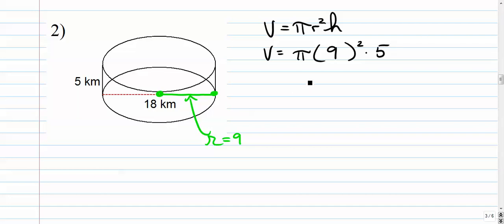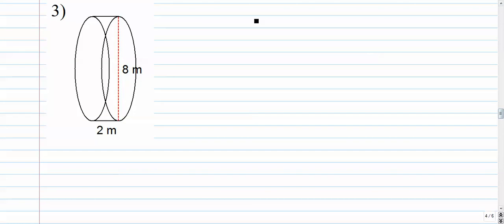So 9 squared is 81 times 5 times pi is 1272.345. And that is a cubic measurement there.